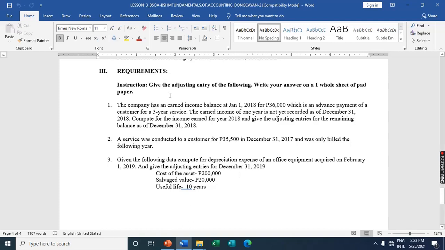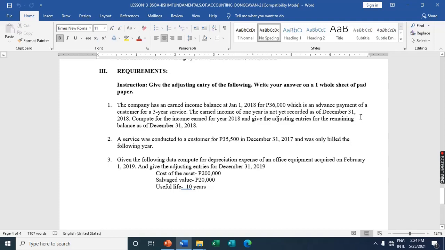Okay, instruction, give the adjusting entry of the following. Write your answer on one whole sheet of pad paper, okay? So, number 1, the company has earned income balance January 1, 2018 for 36,000, which is an advance payment of a customer for a 3-year service. Ayan. The earned income of 1 year is not yet recorded as of December 31, 2018.